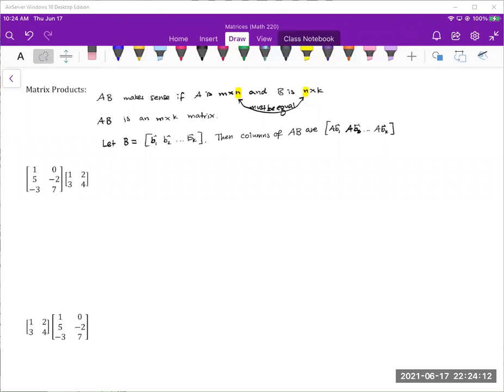Let's take a look at an example to see this. So here we have this matrix A, which is 3 by 2, multiplied by this matrix B, which is 2 by 2. Because these two dimensions match, the number of columns of A is equal to the number of rows of B, this product is defined, and our result is going to be 3 by 2.